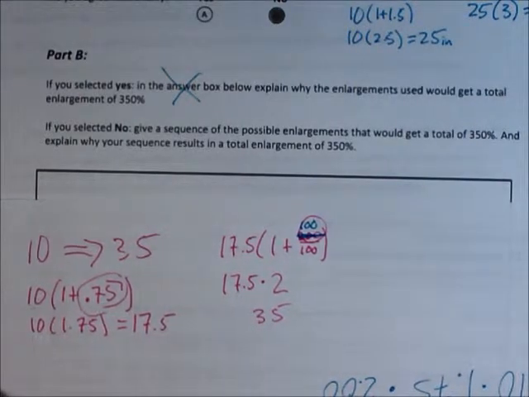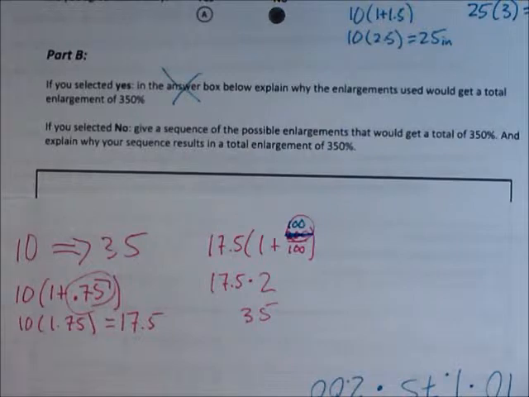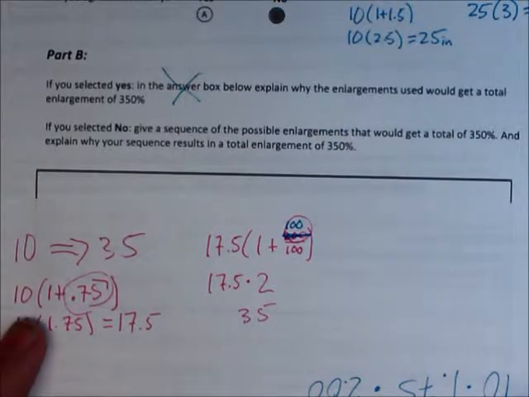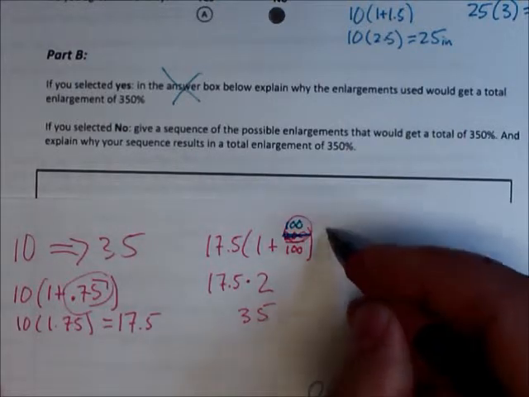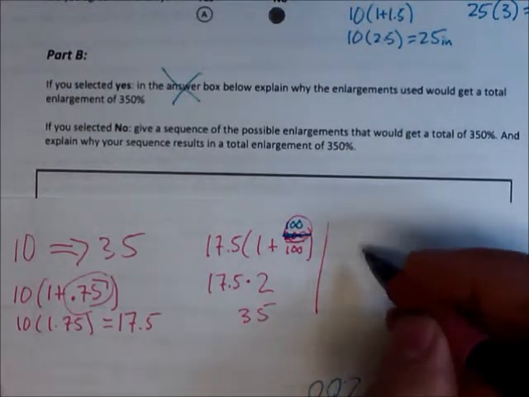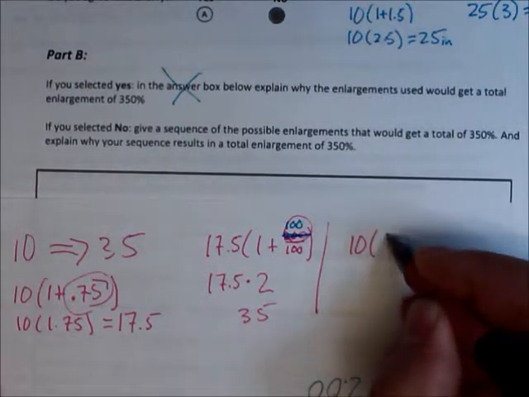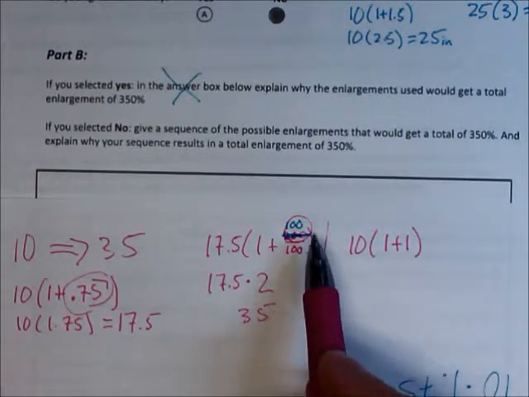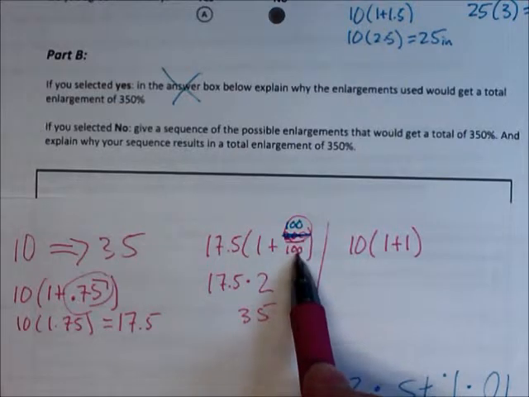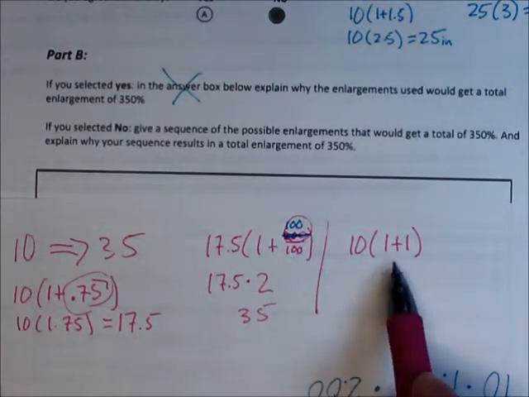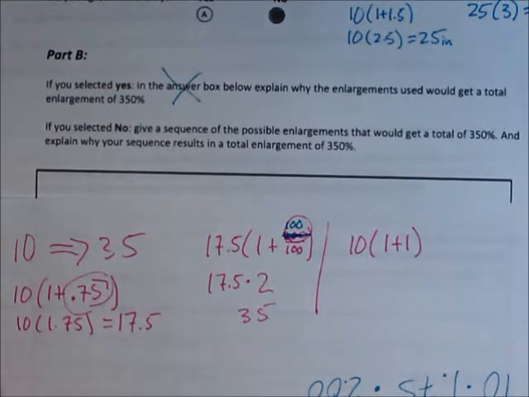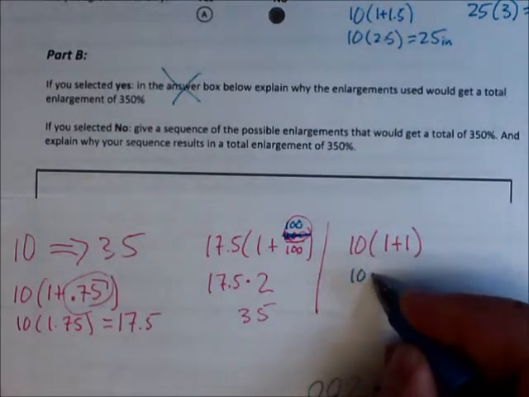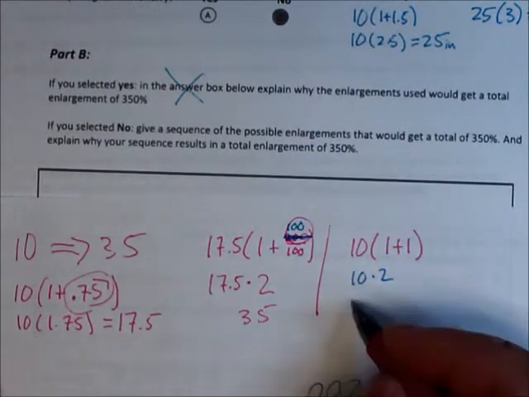I wonder if I did it the other way, if I did 100% first and then 75%, if I would also get the 35. Just curious. Let's see. 10 times 1 plus 1. I'm doing this quickly in my head because I know that 100 divided by 100 is 1. So this would be 10 times 2 and give me 20.